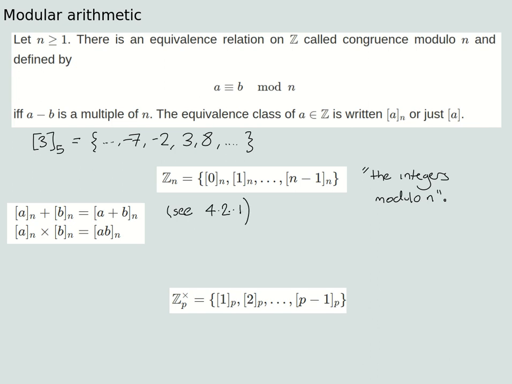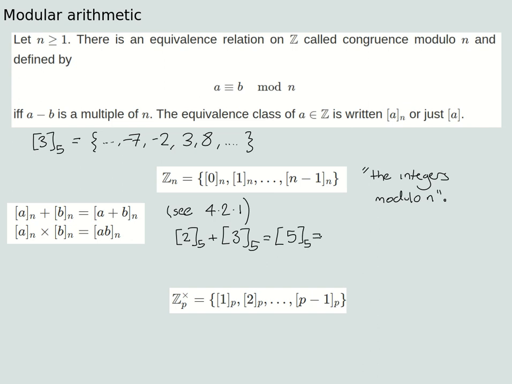But for now, let's just try doing some examples of these binary operations. So for example, let's take the equivalence class of 2 modulo 5 plus the equivalence class of 3 modulo 5, and then by definition this is the equivalence class of 2 plus 3 modulo 5, so the class of 5 modulo 5.